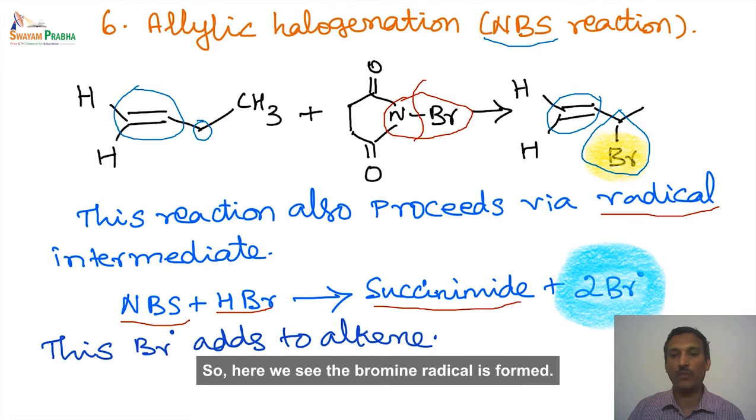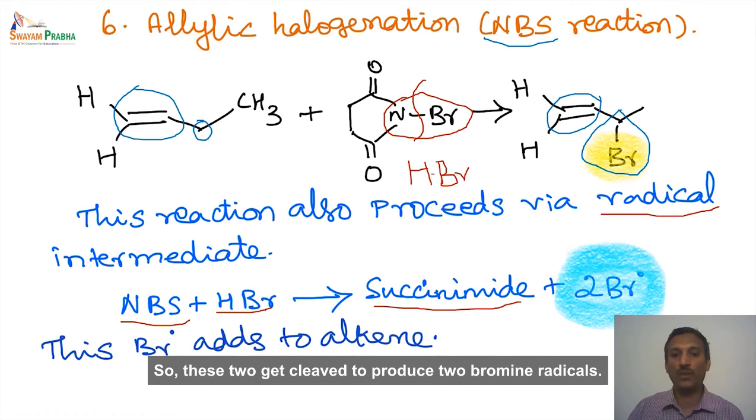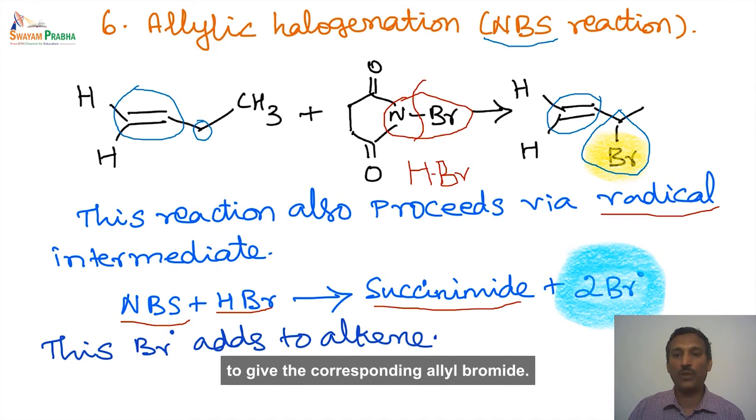So here we see the bromine radical is formed, and one radical is coming from here and the second radical is coming from the breakage of HBr. So because we have two bonds, these two get cleaved to produce two bromine radicals, and this bromine radical adds to the allylic position to give the corresponding allyl bromide.